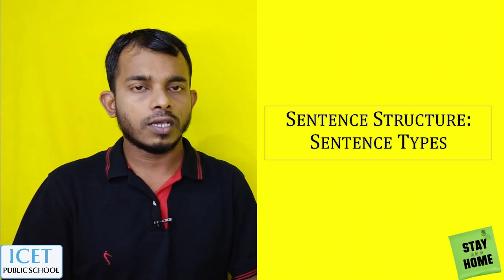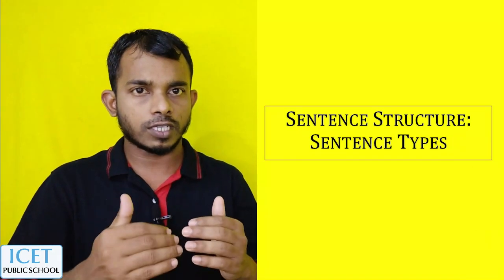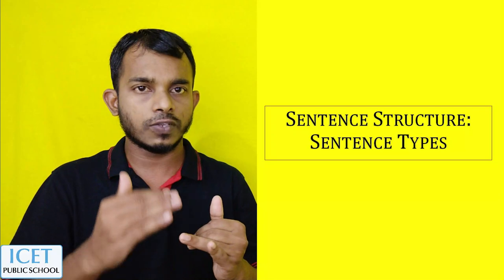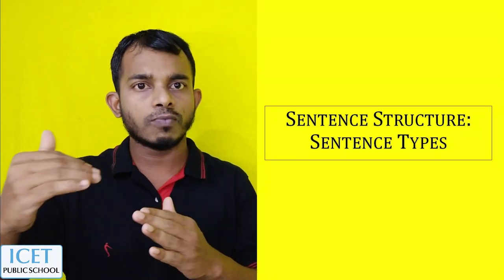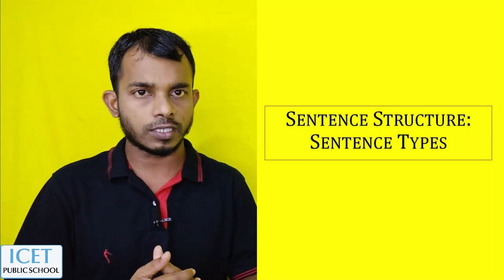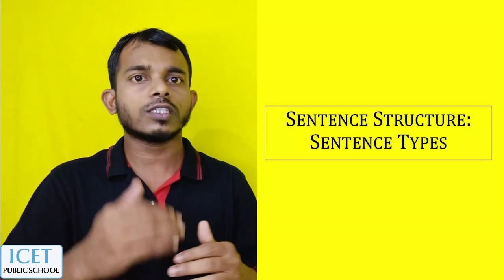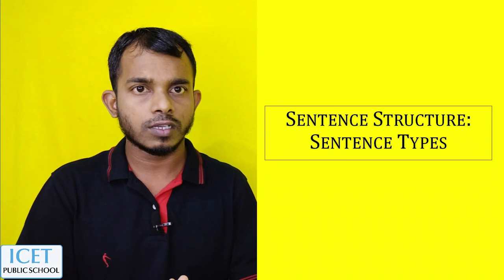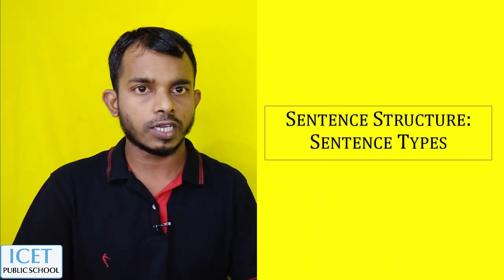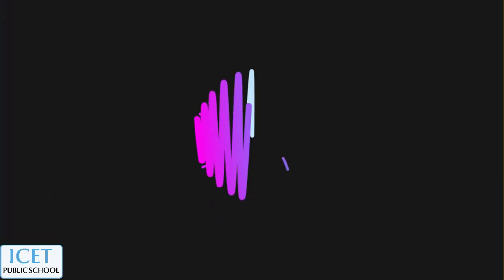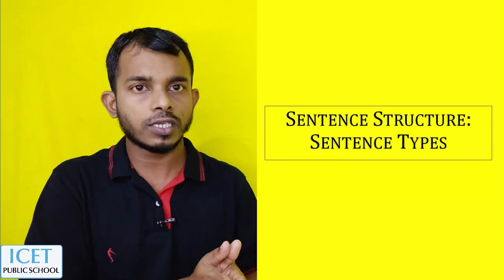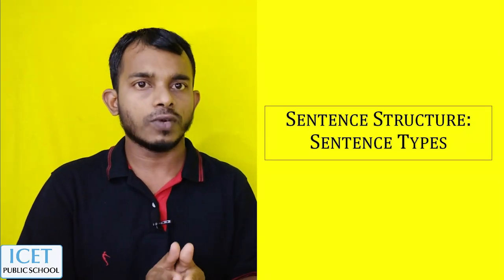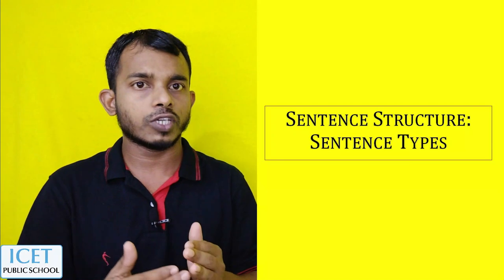Earlier, the classification that I told you, declarative, imperative, interrogative, was based on the function of the sentence in communication. If it functions as a question, it is an interrogative sentence.